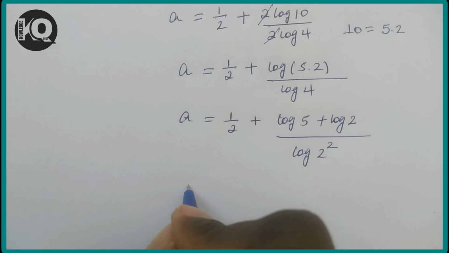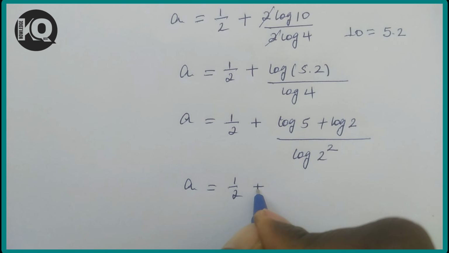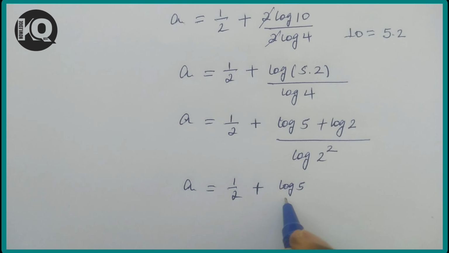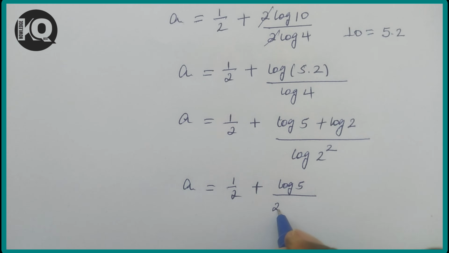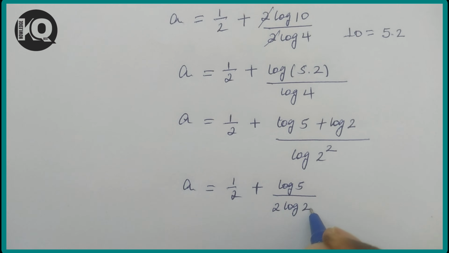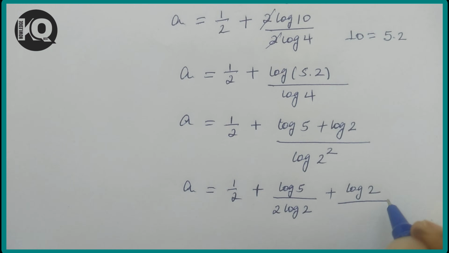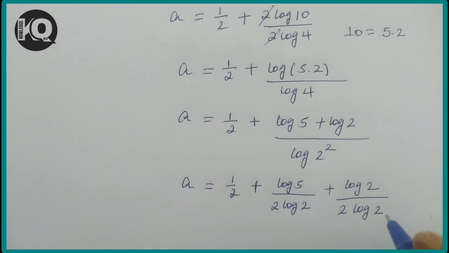And then a is equal to 1 over 2 plus log 5 plus log of 2 divided by 2 times log of 2, with the power 2 coming to the front.